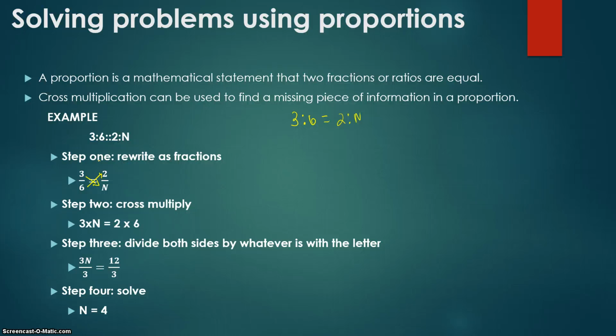So 3n, there's a 3 and there's an n, so you divide by 3. 6 times 2 gives you 12. 12 divided by 3 is 4. That leaves you with n equals 4.